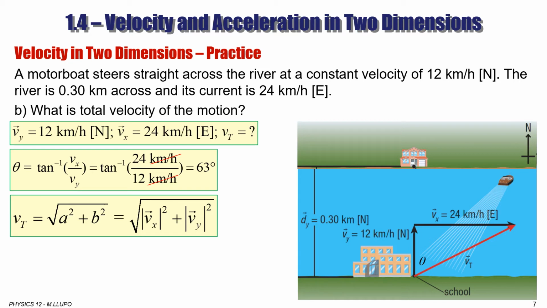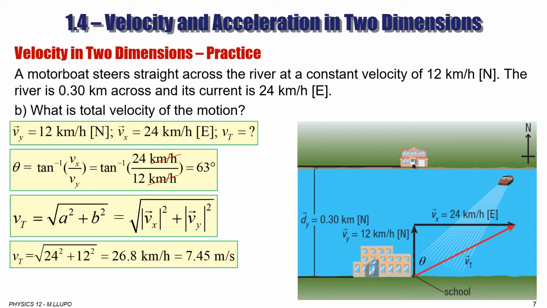Remember, c squared is equal to a squared plus b squared, same idea. And then plug those numbers in. You don't really need to convert, but if you want to, you divide by 3.6 to convert kilometers per hour to meters per second. So it's 26.8 kilometers per hour, or 7.45 meters per second.